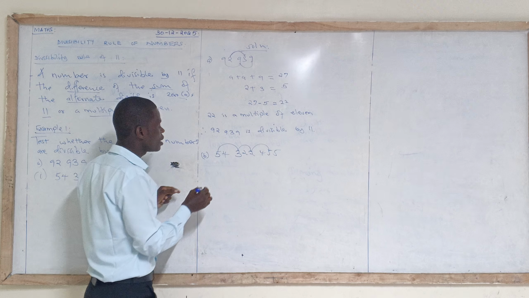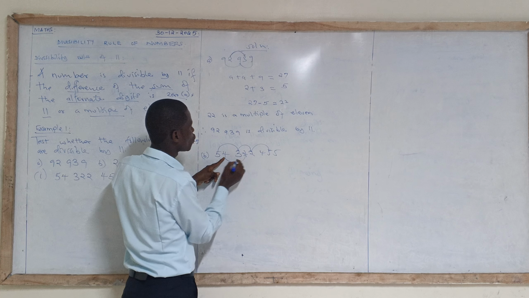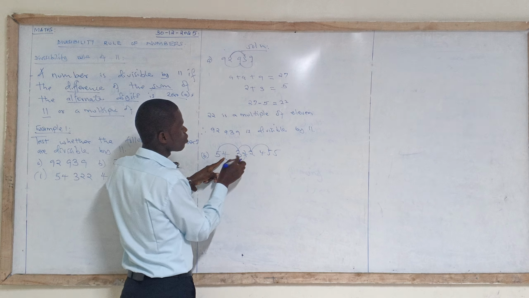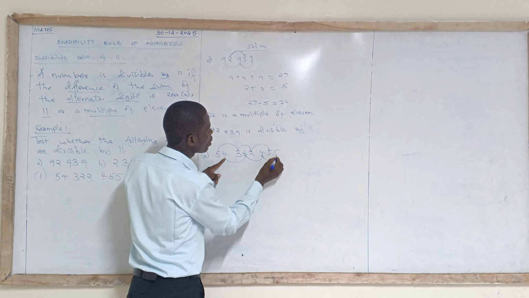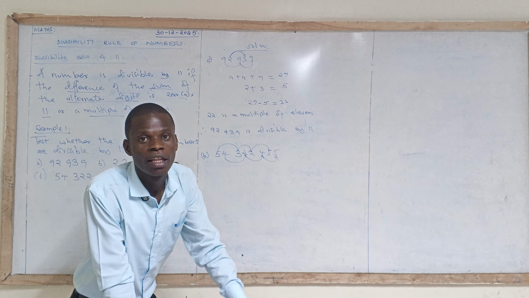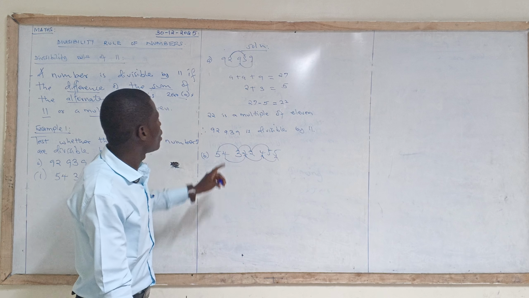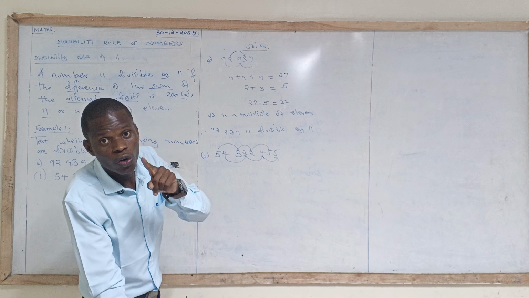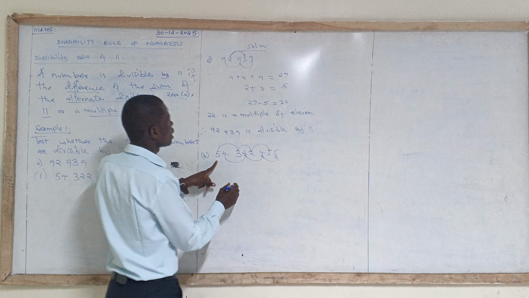The second alternate digits, if you start with the second one, 4. 4 alternates with 2. So you skip this one. Then 2 alternates with 4. Then 4 alternates with 5. I have identified the alternate digits. The next step, you move to the sum of the alternate digits.